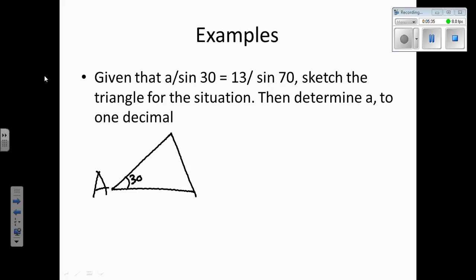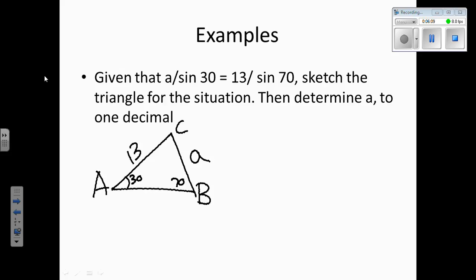So I know that my missing length is going to be the one across from it. And then I could have picked either this one to be B as well. Those don't really matter as long as you have your angles matching up with your sides.